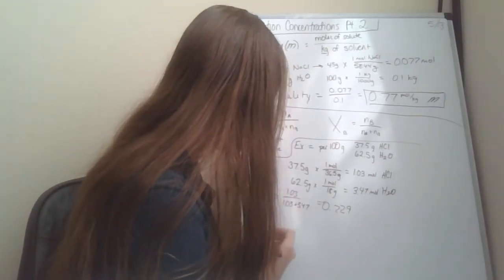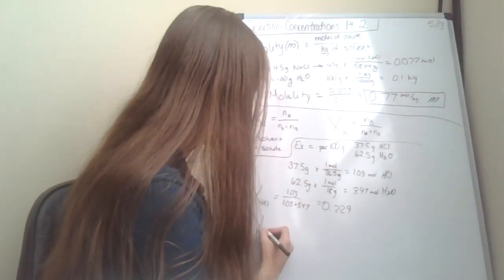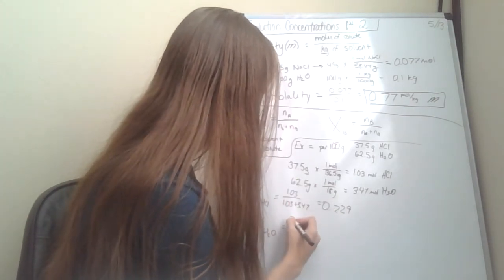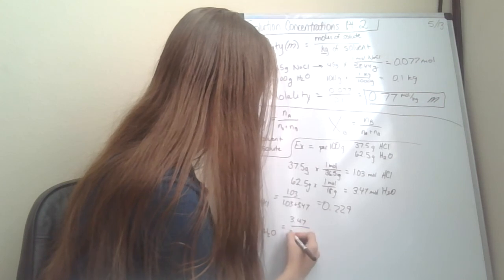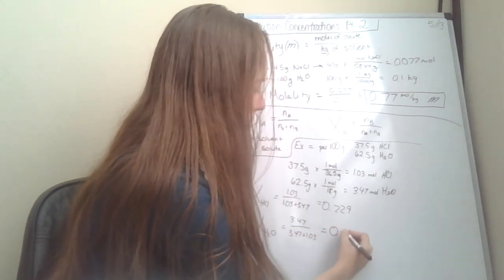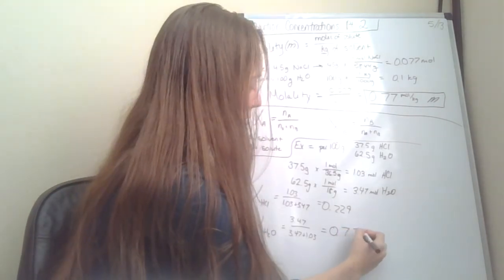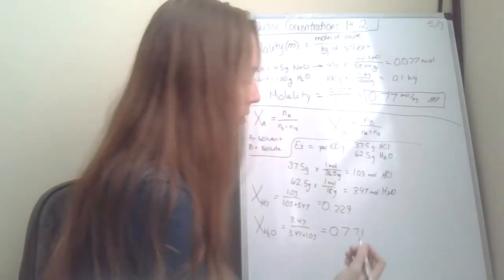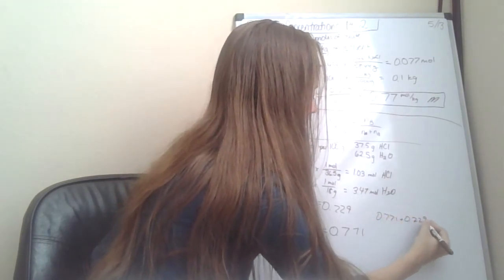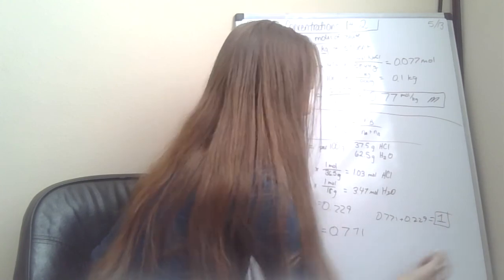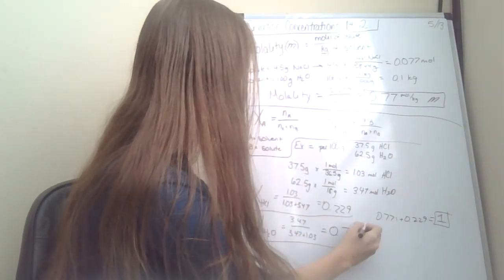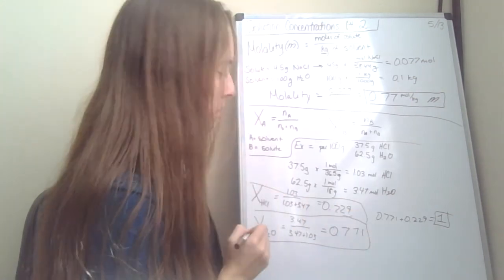Then we do the same thing for the mole fraction of water, just the opposite. So it's 3.47 divided by 3.47 plus 1.03, which gives us 0.771. Now to double check, because these are our only two components, 0.771 plus 0.229 equals a total of 1, so we're good. So our mole fraction of HCl is 0.229, and our mole fraction of water is 0.771.